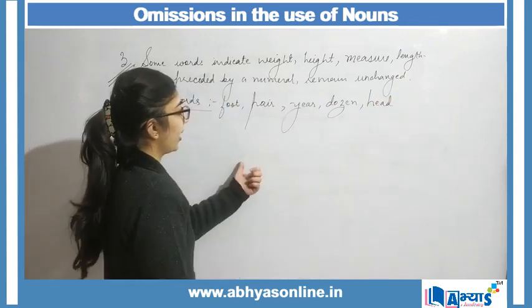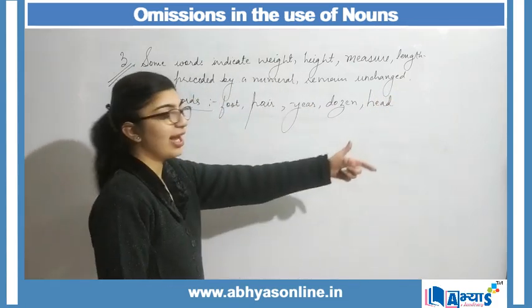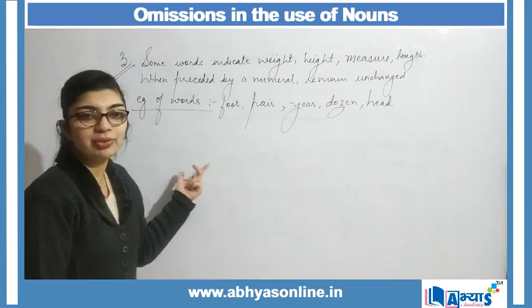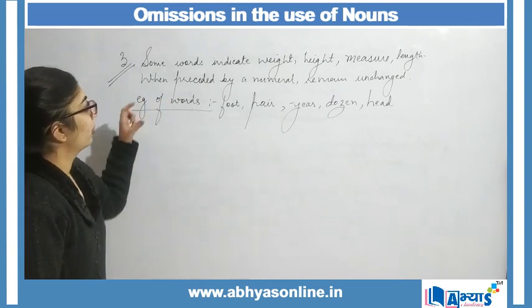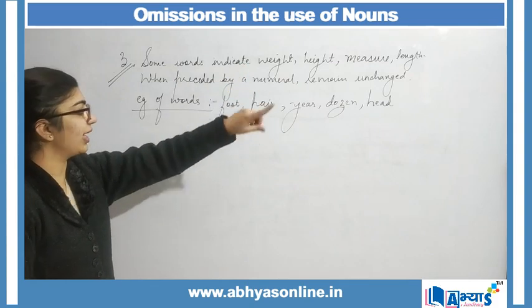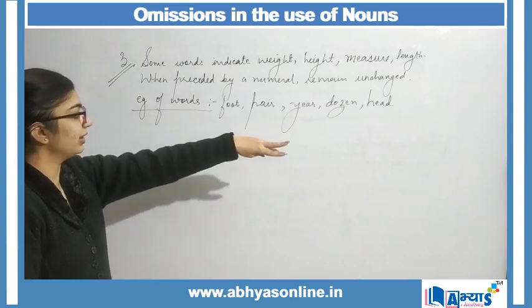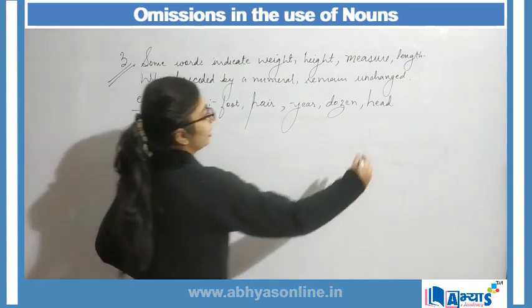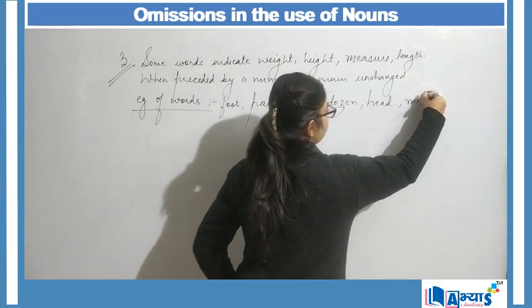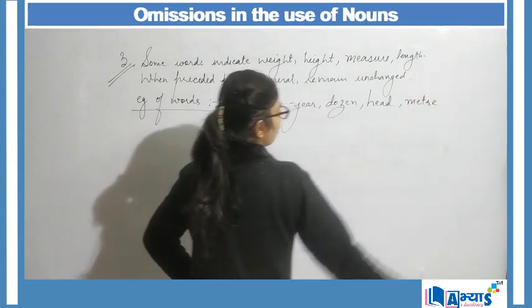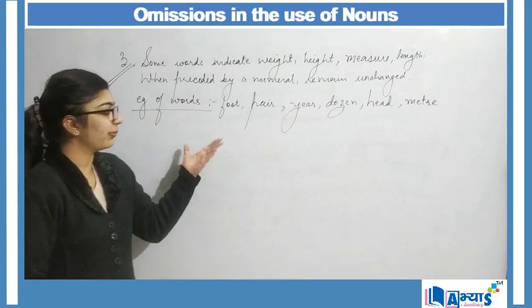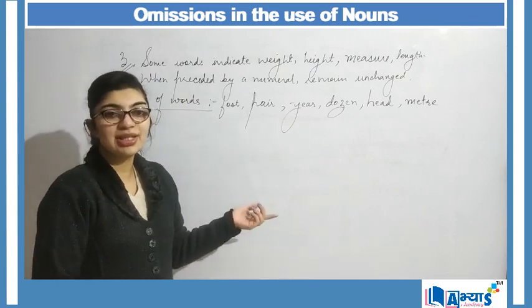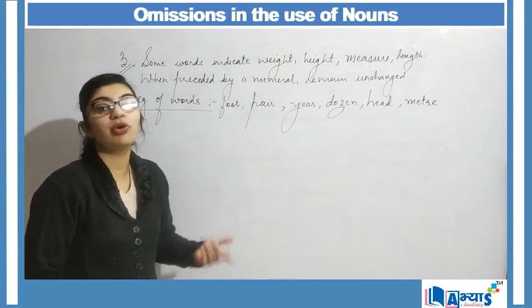So foot, pair, year, dozen, head. These are some of the examples of the words which indicate weight, height, length. Length can be meter. Right? Now when we implement these words in the sentences, this statement will become more clear.